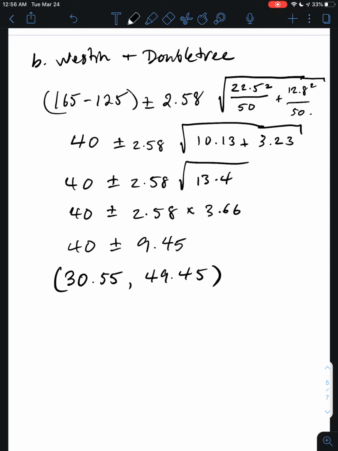that is my confidence interval. This is my 99% confidence interval.